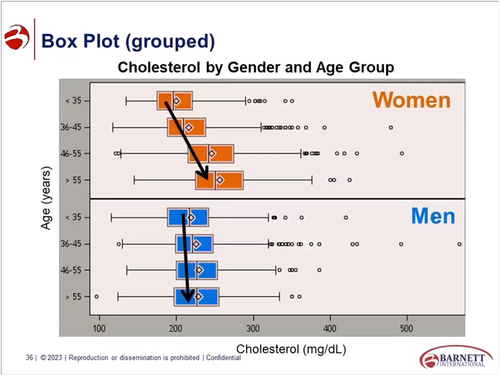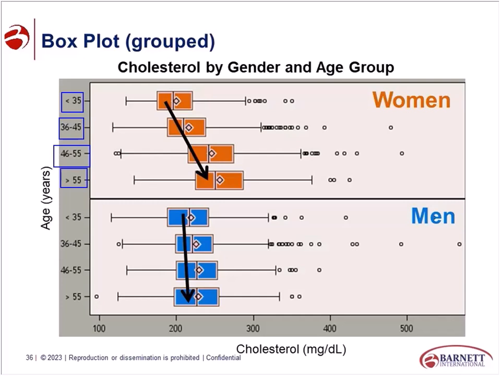So here's a comparison between men and women in terms of their cholesterol levels by age group. And it doesn't take a statistician or somebody who has high-level statistical backgrounds to basically see that among women, their cholesterol levels, okay, by age, less than 35, 36 to 45, 46 to 55, over 55, increasing age.